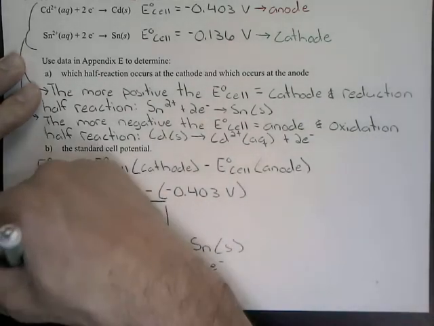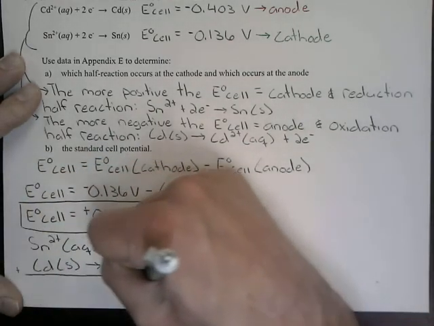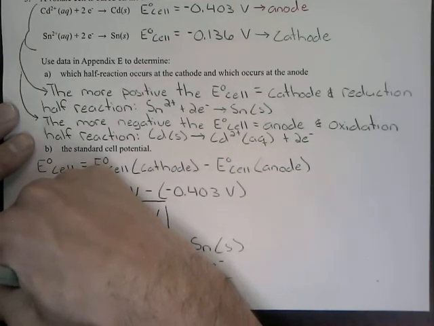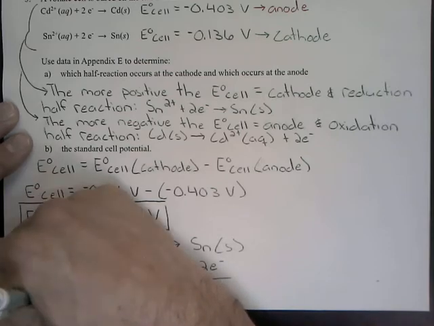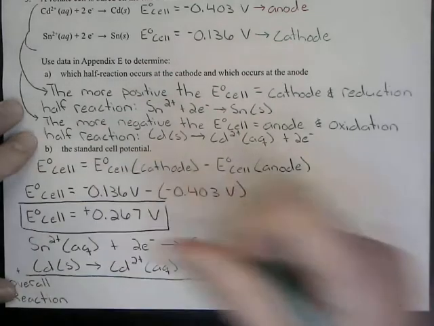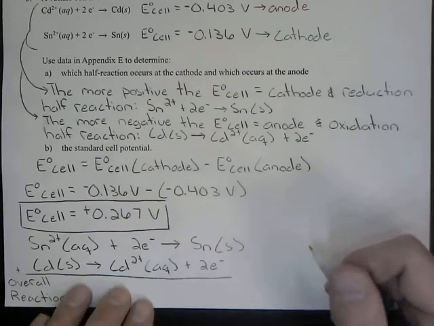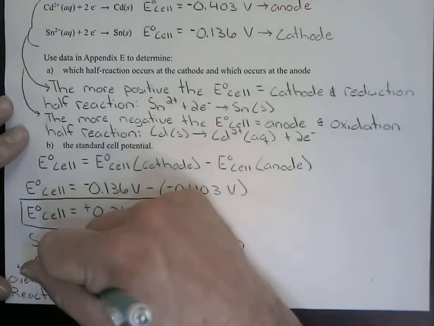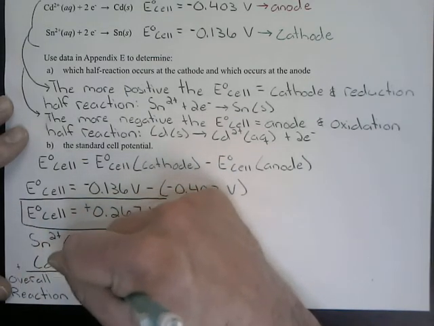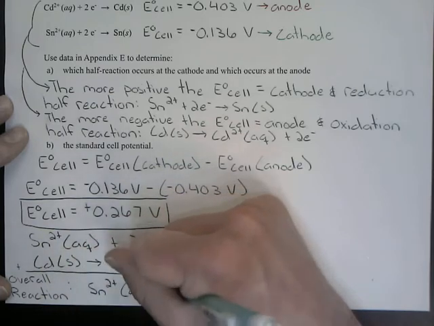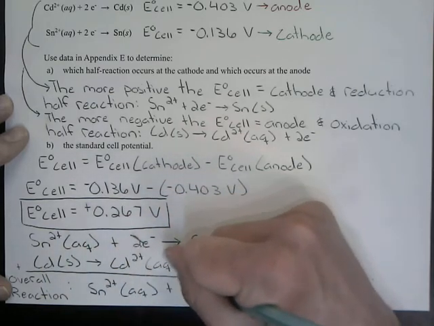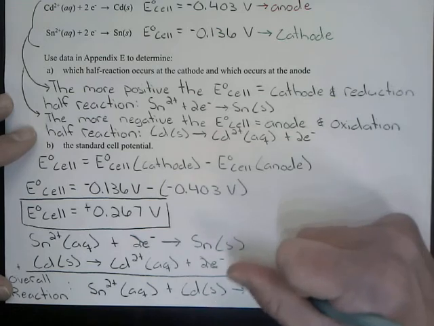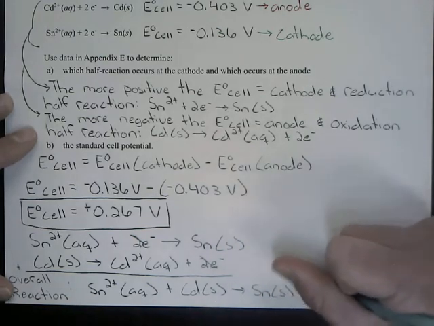Now, remember from adding our half reactions, the overall reaction, which I'll write down, is as follows. The same thing on opposite sides of different equations cancel. So that means our electrons would cancel, and we would end up here with tin 2 plus plus solid cadmium yields solid tin plus cadmium 2 plus.